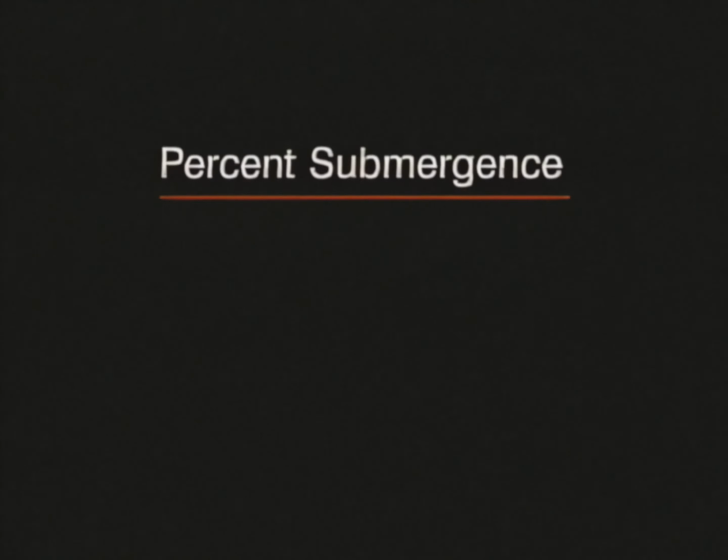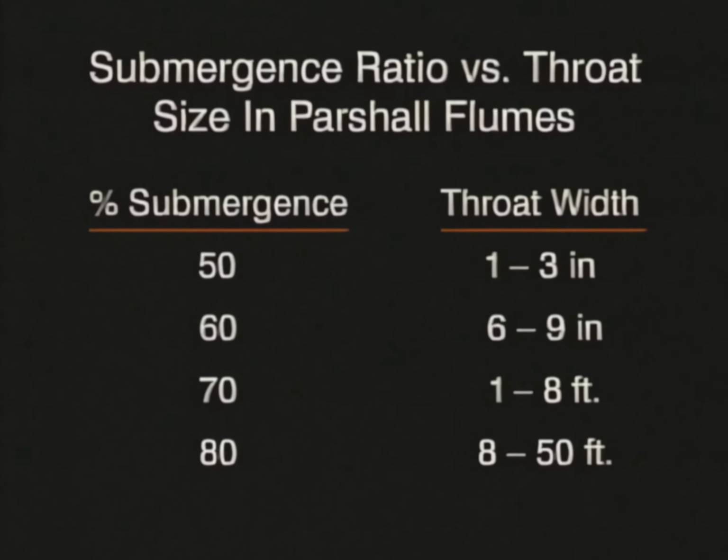To determine the percent of submergence, divide the throat head measurement in feet by the convergence head measurement in feet and multiply by 100. Generally, if the flow is running free, the ratio between the measurement in the throat section and in the convergence section is less than 50%. This may increase to 80% for throat widths 8 feet or greater.